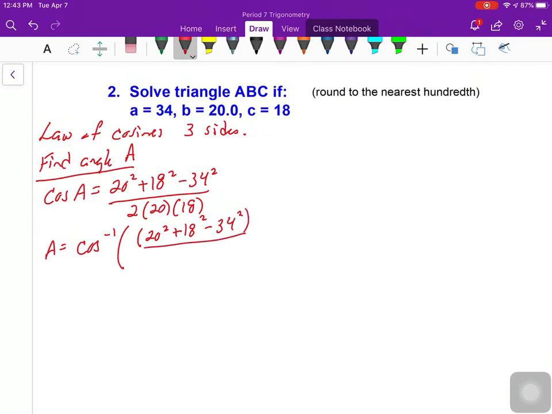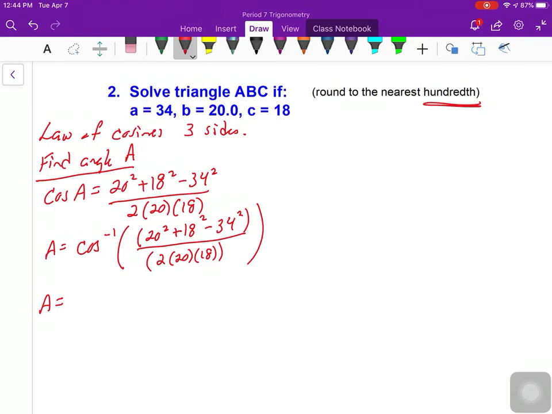And again, you're going to use the inverse cosine of, on the top, 20 squared plus 18 squared minus 34 squared. On the bottom, 2 times 20 times 18. Once again, notice the parentheses enclosing the whole top and the parentheses enclosing the whole bottom.